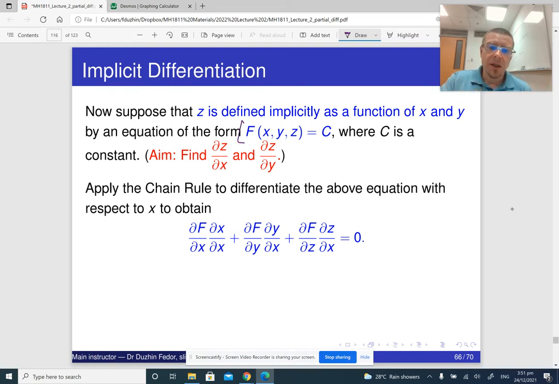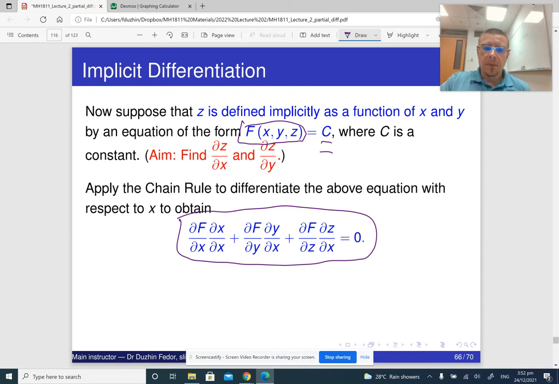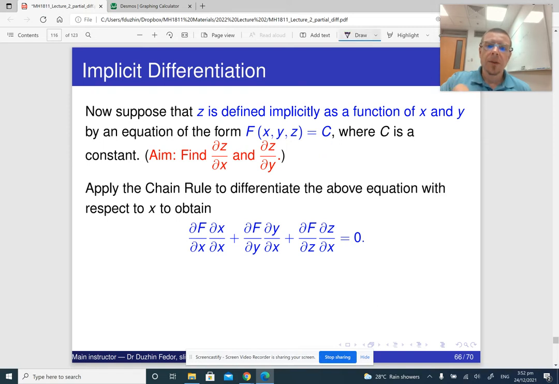We can just take our function f and differentiate it. Notice that the derivative of a constant is 0, so when we differentiate a constant, we are going to get 0. Now, applying the chain rule to differentiate this equation, we will get just this. At the same time, notice that z is a function of x and y. So z is the dependent variable, and x and y are independent variables. So dx/dx is just one, since we are differentiating x with respect to itself.